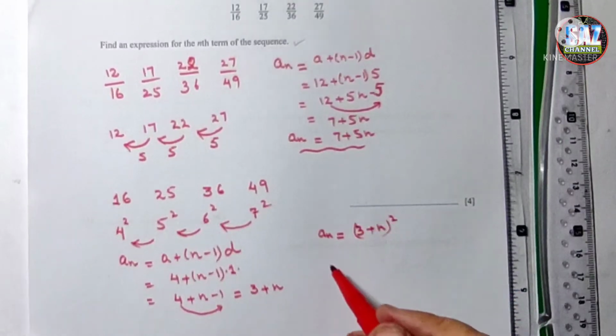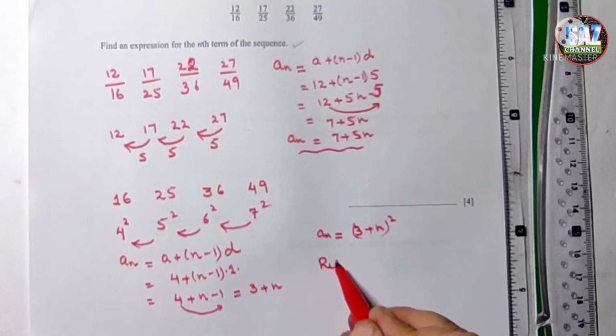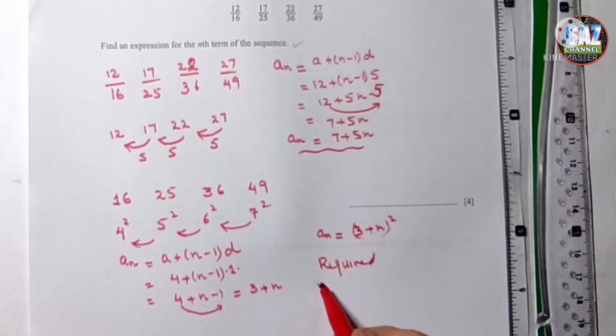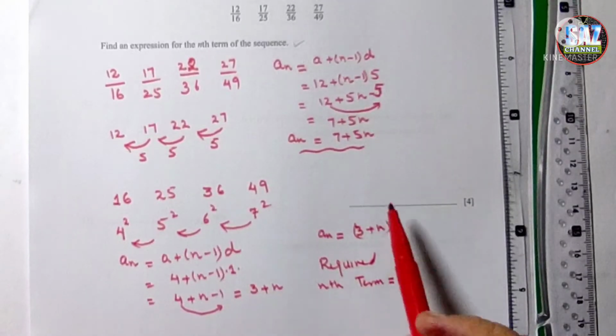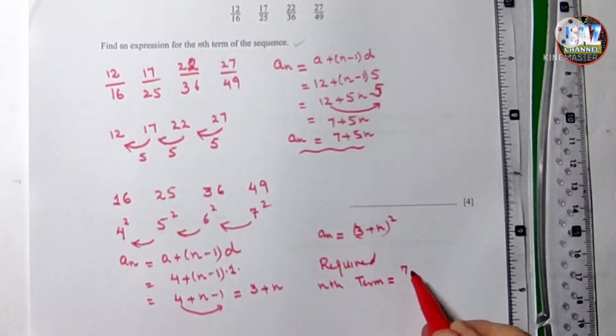And for the fraction, the required nth term expression will be equal to the general term of the numerator, that is 7 plus 5n, upon (3 plus n) whole square.